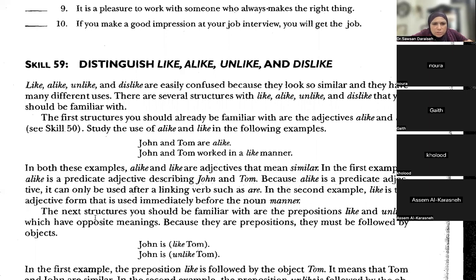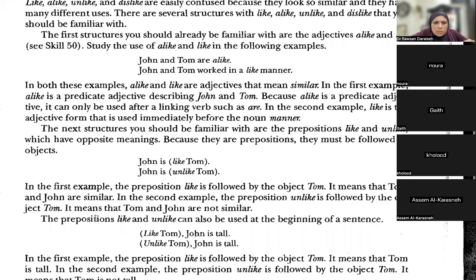The next structures. Now we go to these structures. You should be familiar with the prepositions like and alike. What are they called? Prepositions in this case. Why prepositions? Now we'll see how. Here they come as prepositions: like and unlike, which have opposite meanings. What did we say, guys? They are opposite to each other in terms of meaning.